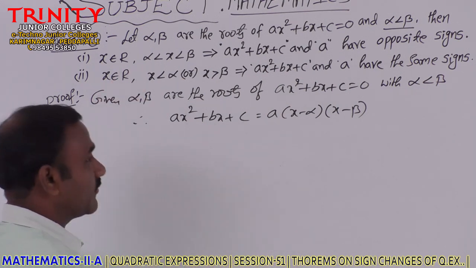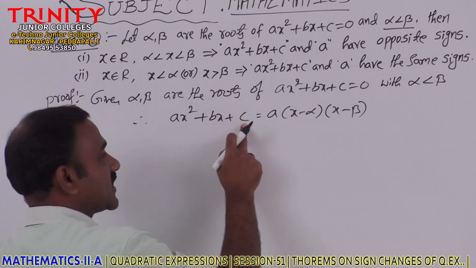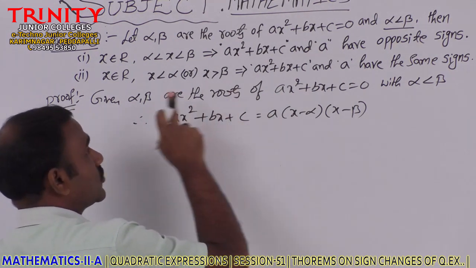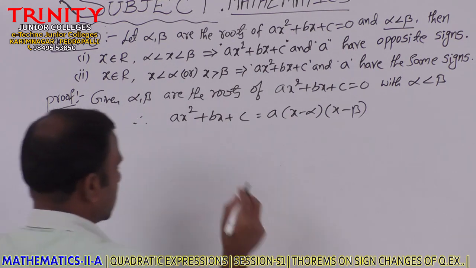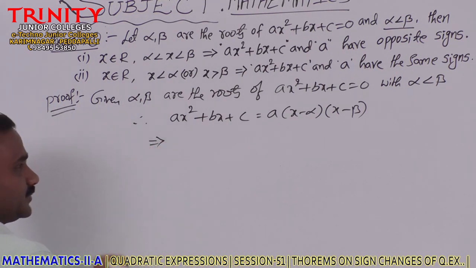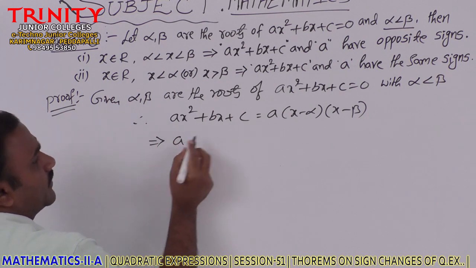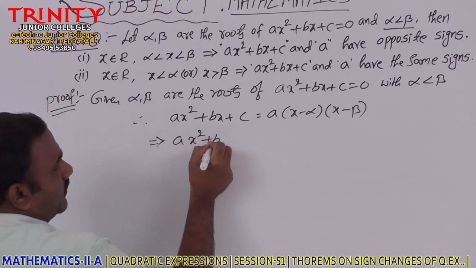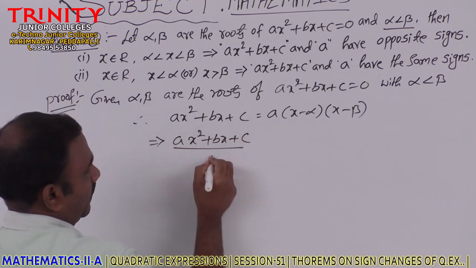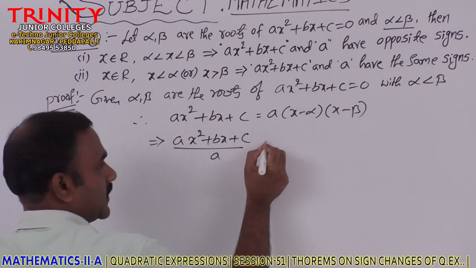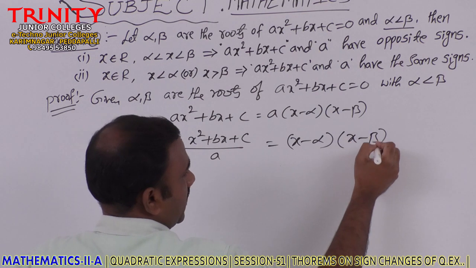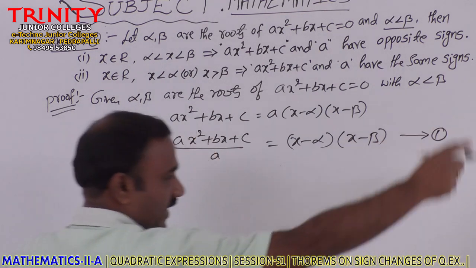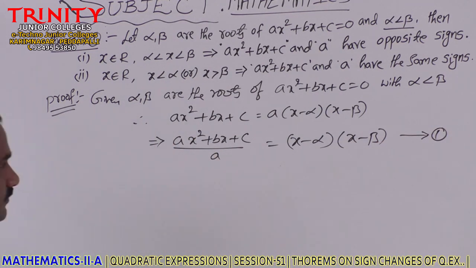Therefore, ax square plus bx plus c can be expressed with the roots alpha comma beta as a into x minus alpha into x minus beta. From this, can I write ax square plus bx plus c by a is equal to x minus alpha into x minus beta? Write it as equation number 1.